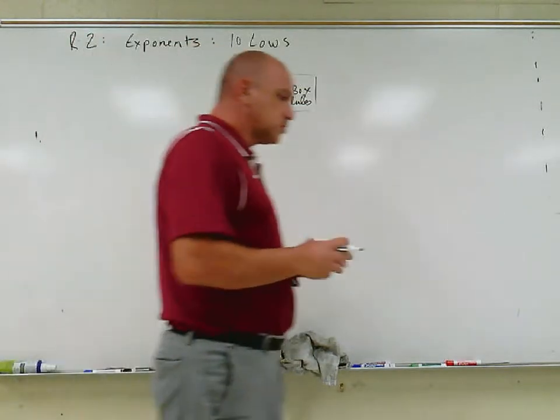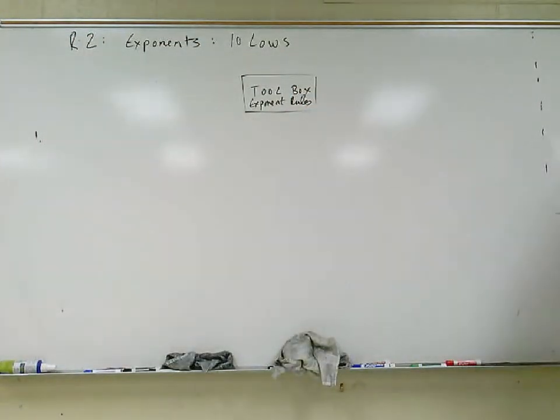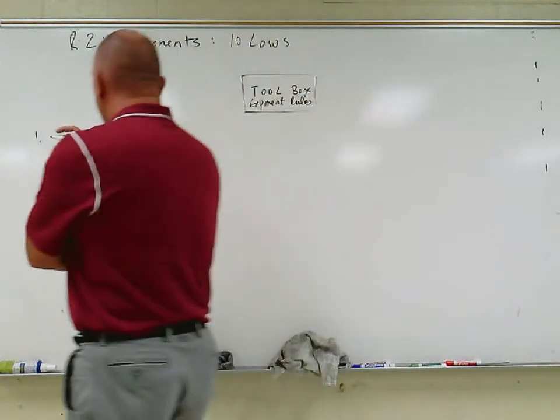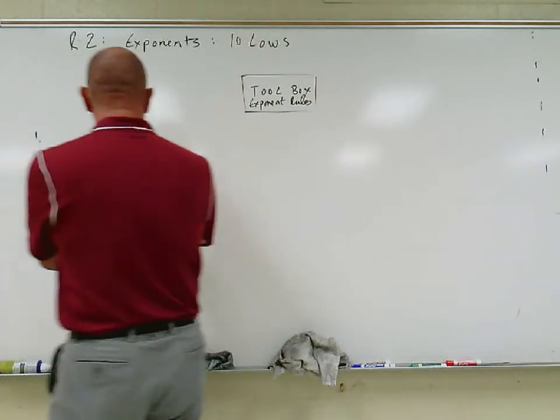What is the first, most basic rule of exponents? When we talk about an exponent, who thinks they can tell us the first or the most basic rule? What does an exponent mean? That's exactly right. The number of times that a number is multiplied by itself.